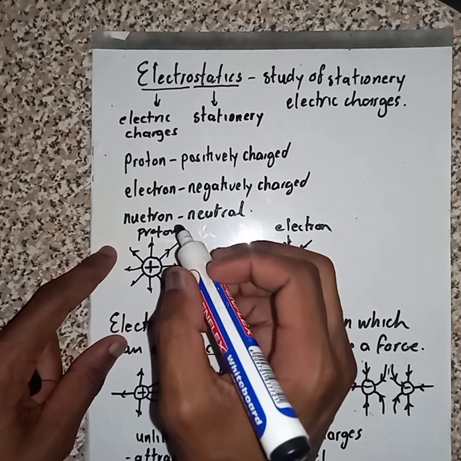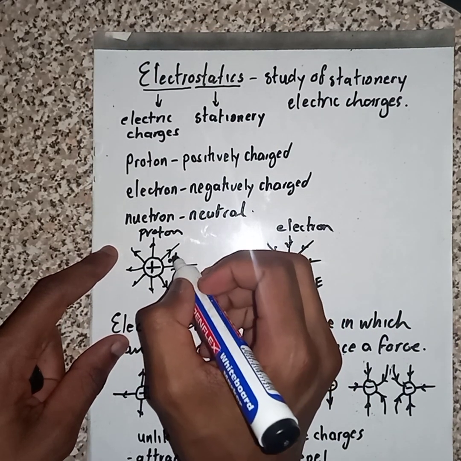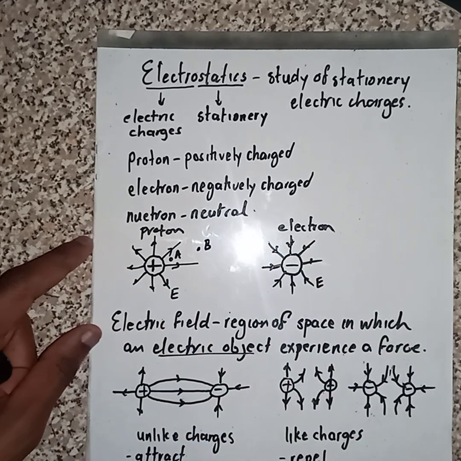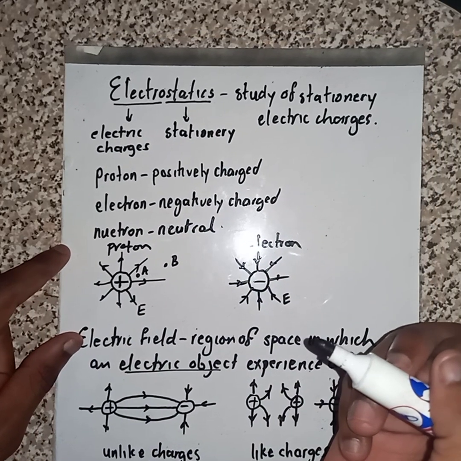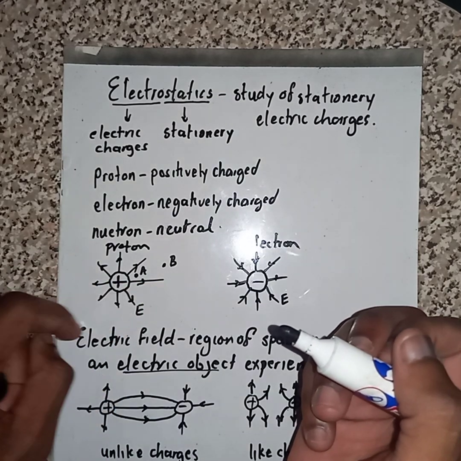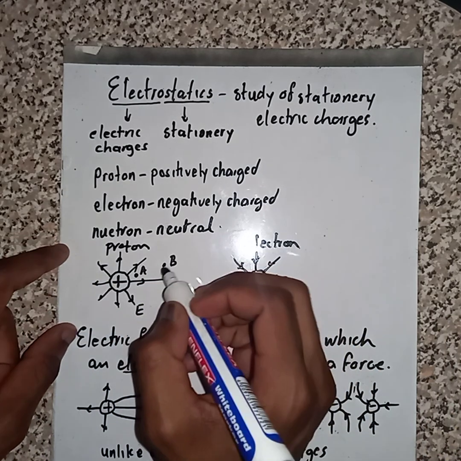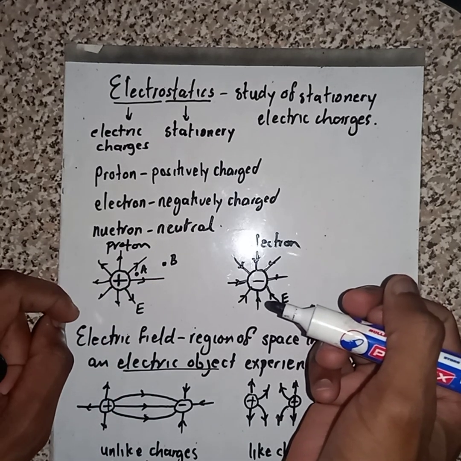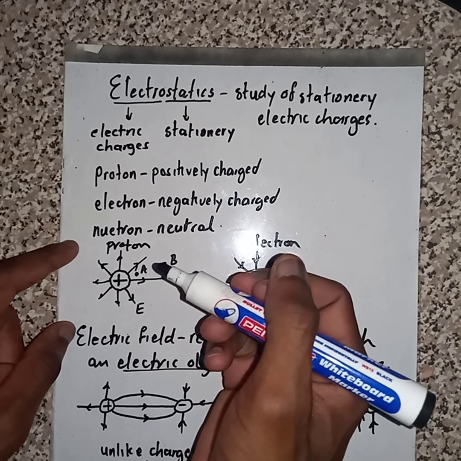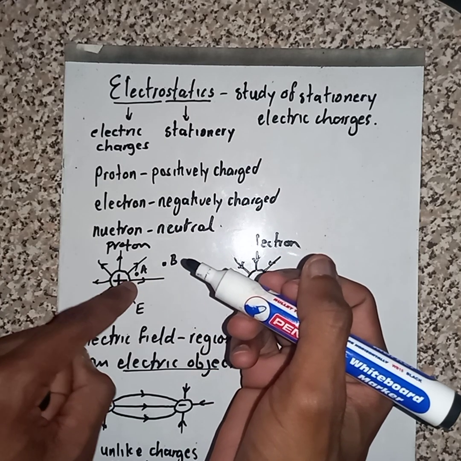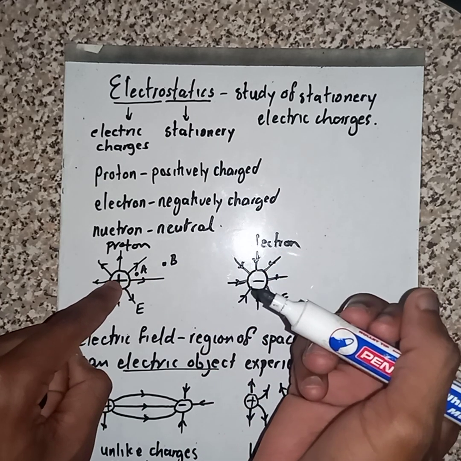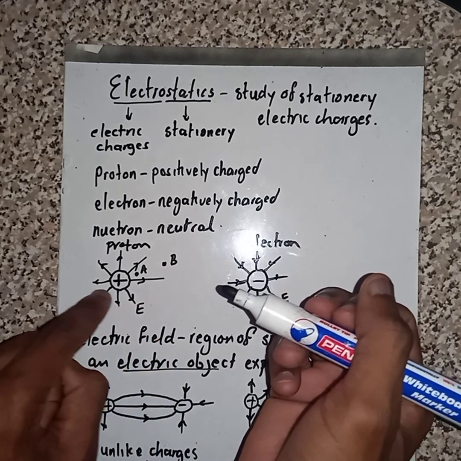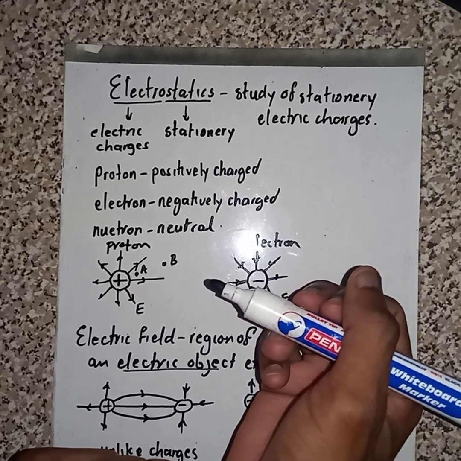Now let me consider if we had a point A somewhere there and point B somewhere there. Where do you think the electric field is strongest between the two? Is it at A or B? Clearly it's going to be A. Electric fields are stronger closer to the electric charge, but weaker away from the electric charge.